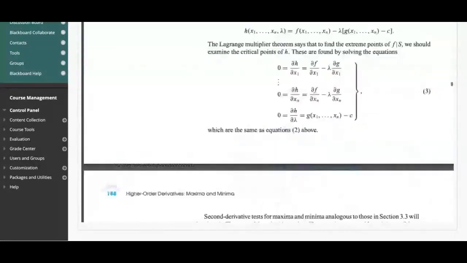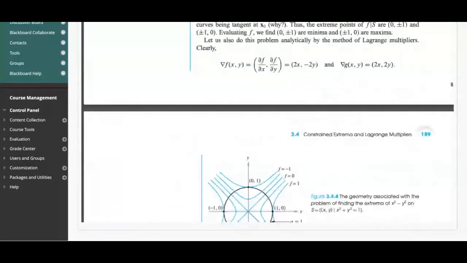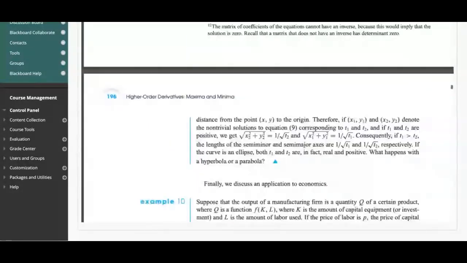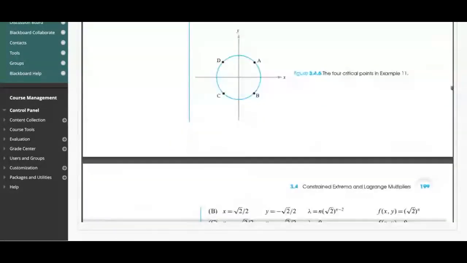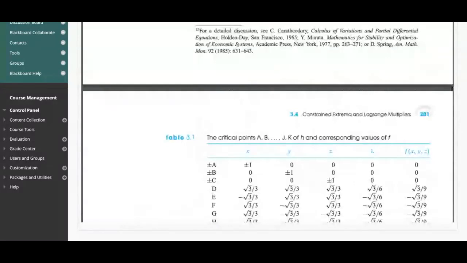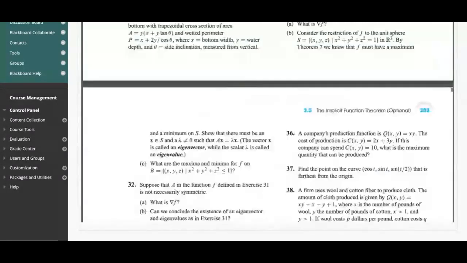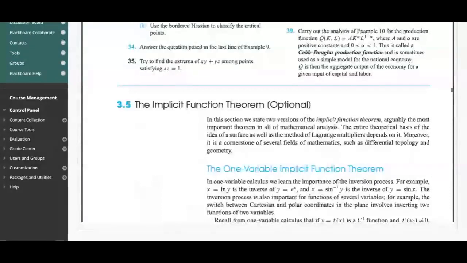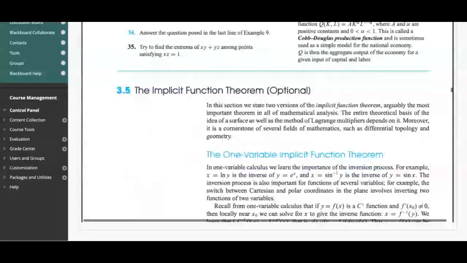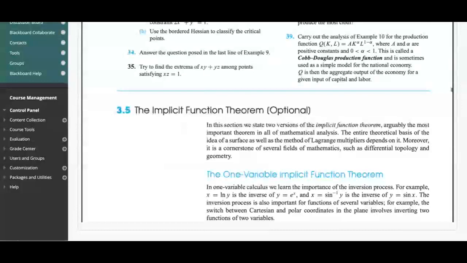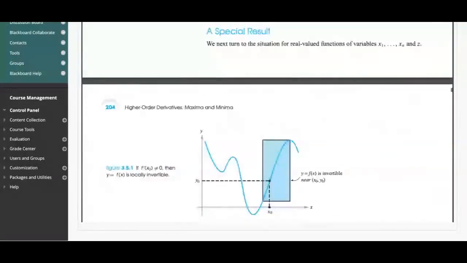Let's see, 3.5 is optional, so I won't put any questions. You may do the homework of this, but I won't put any questions from 3.5. But 3.4 is super important.